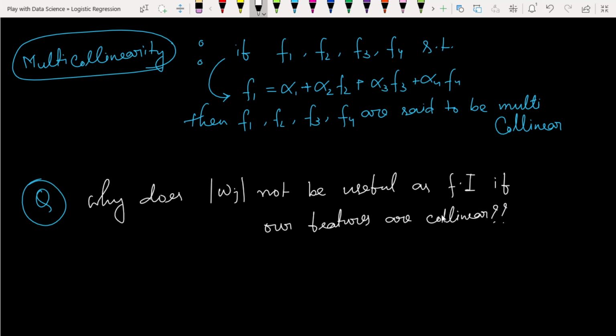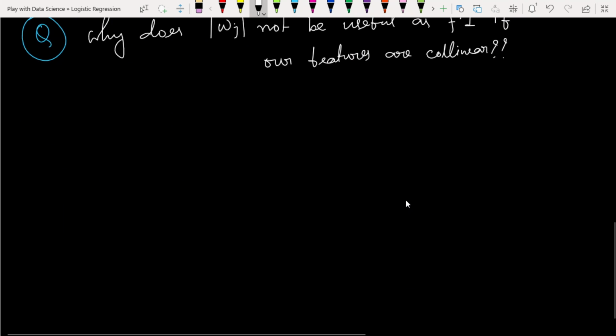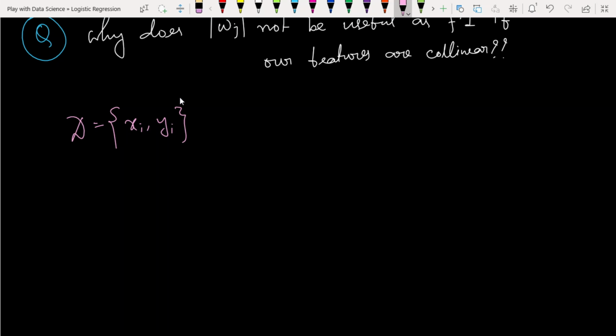Now what is the problem? It will be clear if we discuss this concept through an example. Let's take a training set that has n number of points, where i equals 1 to n, and there are three features, f1, f2, f3.